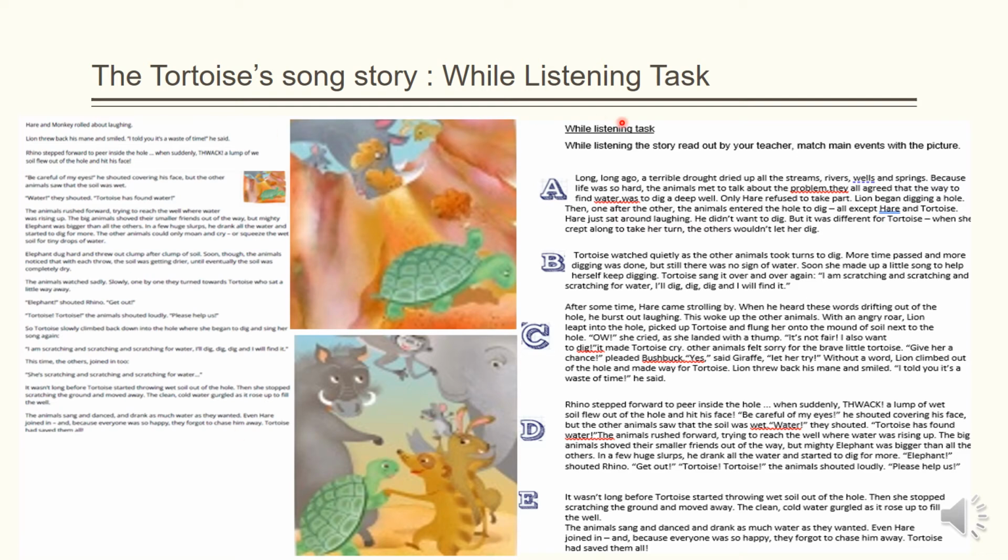The while-listening task says, while you're listening to the story, read along with the teacher to follow what's going on, the main events. Here are the kids' options. Yes, they are very long, but they're in sync with what the teacher is reading. Okay, it's in sync, so please don't scramble up.